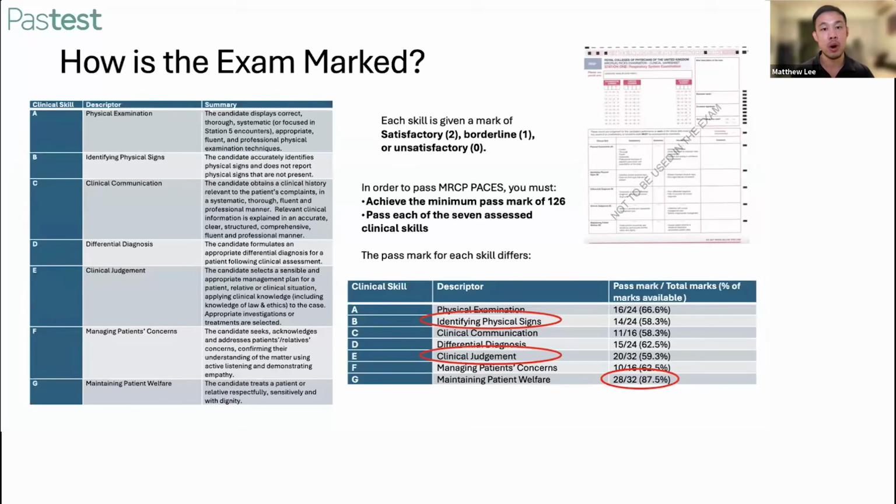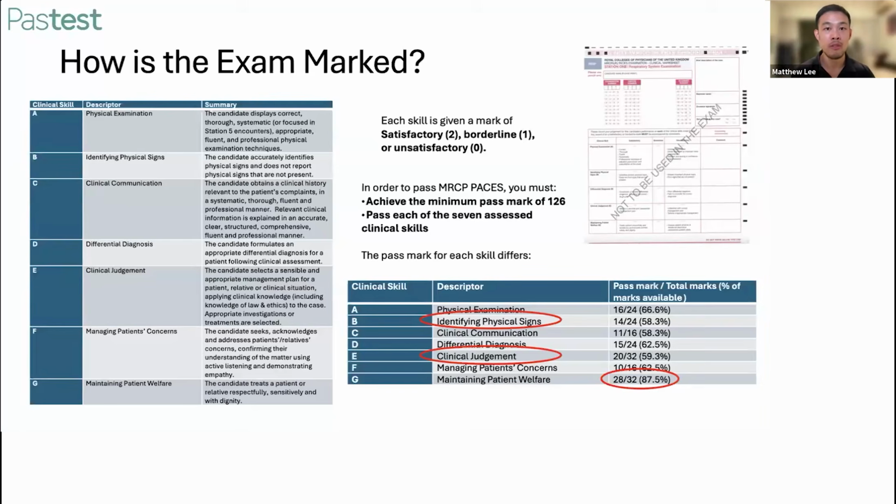And what that means is you don't have to be perfect. And if you think about how many stations there are, the key ones for this really are going to be the clinical examination stations and the consultation stations, of course. But it does mean that you don't have to get full marks for every single station, or pick up every single clinical sign there is to pass.